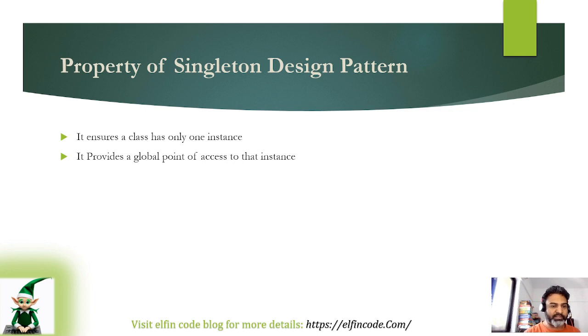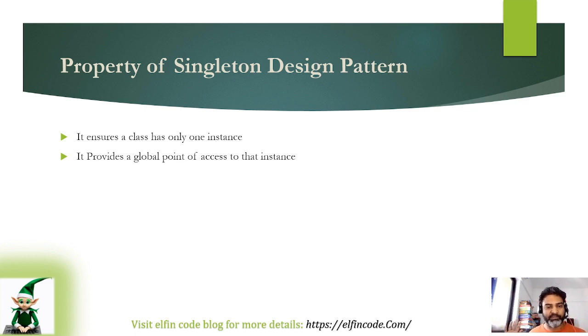The first one says that it ensures a class has only one instance. As I was saying, if you try to create another instance of a class, then the first instance which was created earlier will be given to the second, third, fourth, and any subsequent object you try to create.